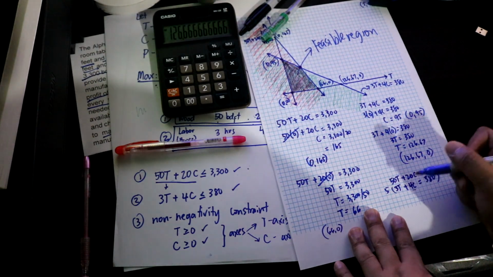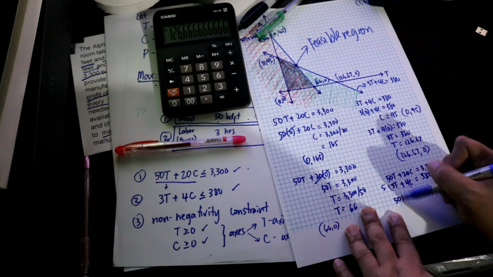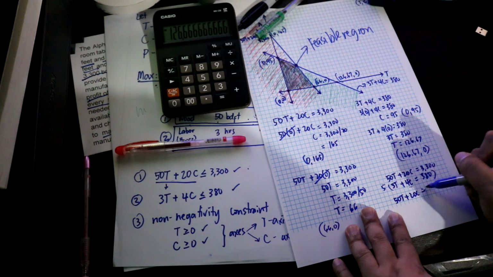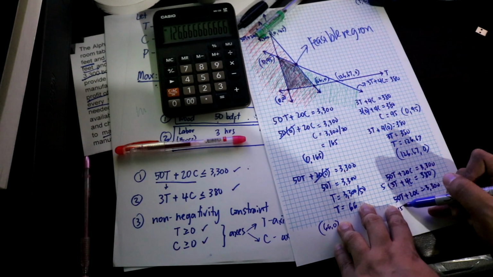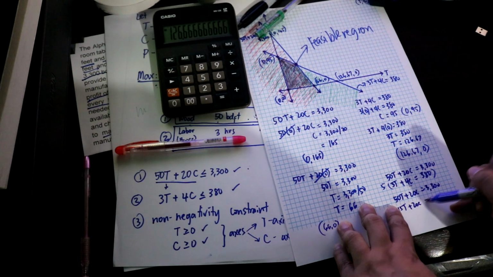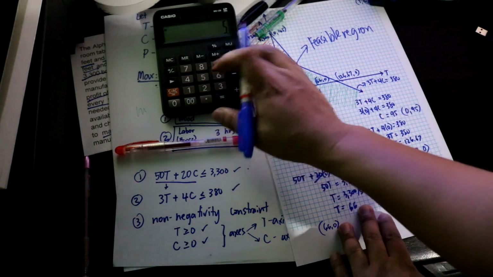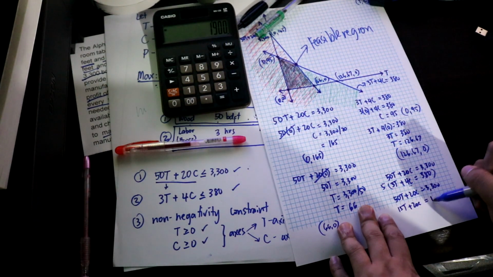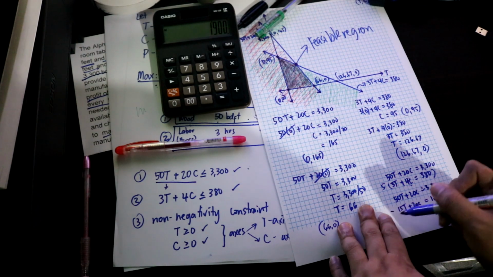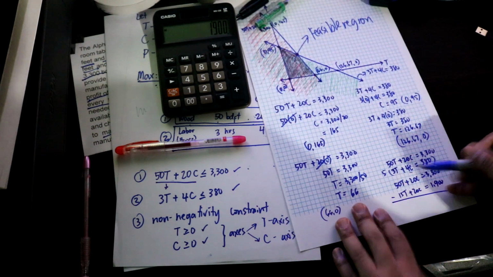So 50t plus 20c is equal to 3,300, and then we have 5 times 3, 15t plus 20c is equal to 5 times 380. That would be 1,900. So we just subtract the second equation from the first equation.